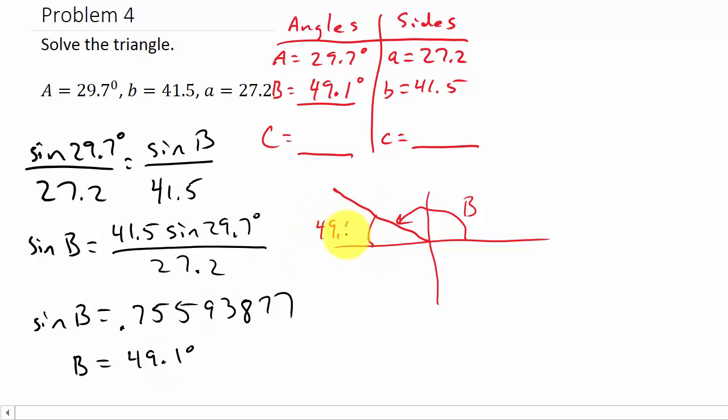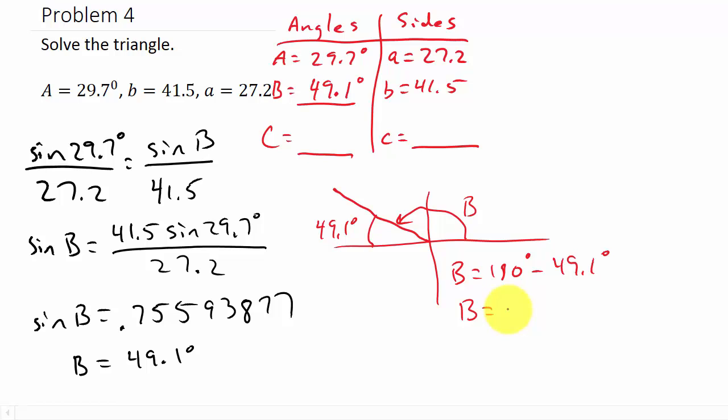So B would be 180 minus 49.1 degrees, which is 130.9 degrees. If you remember from the previous video, we may have a second triangle.